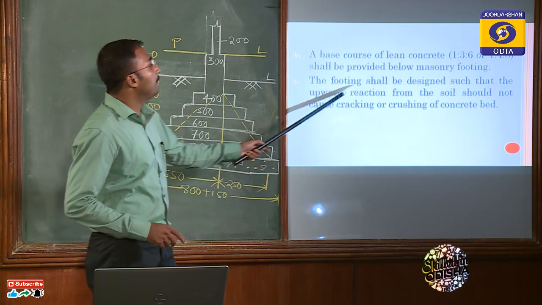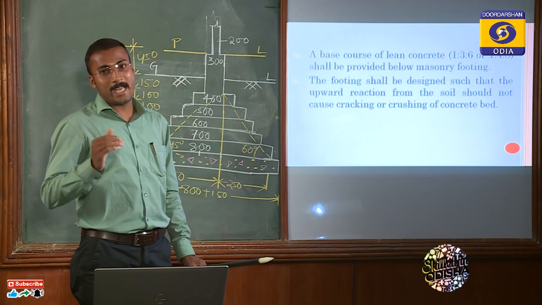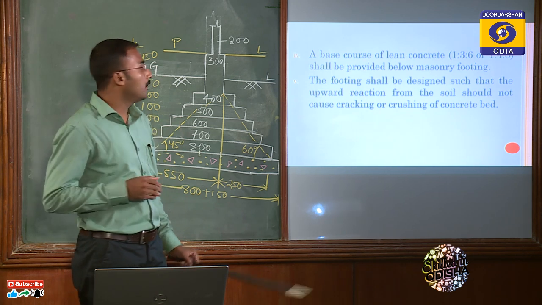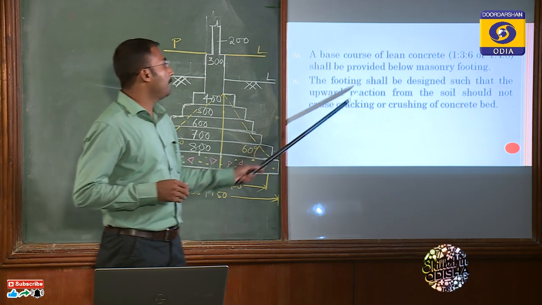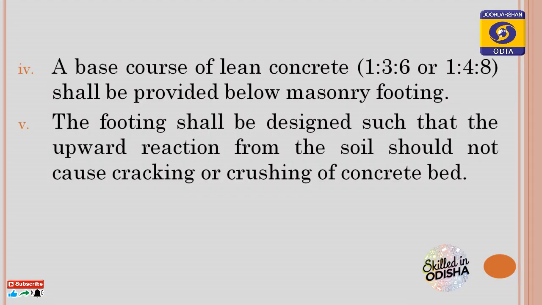The footing shall be designed such that the upward reaction from the soil should not cause cracking or crushing of the concrete bed. So we have to design this footing in such a manner that there is no upward reaction which will cause cracking or crushing of the concrete bed.